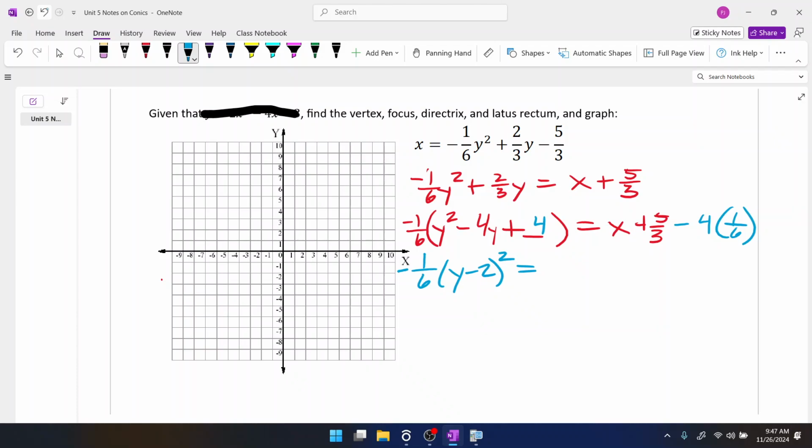X plus 5/3. 5/3 minus 2/3 is 3/3, or x plus 1. See, all the fractions are gone now, except for that negative 1/6 in the front.